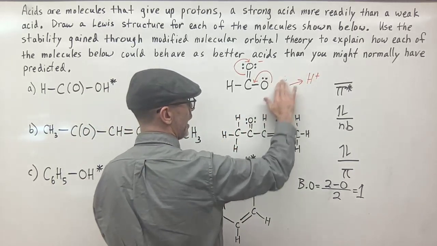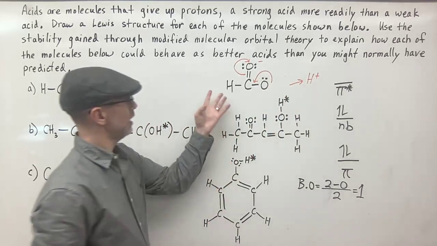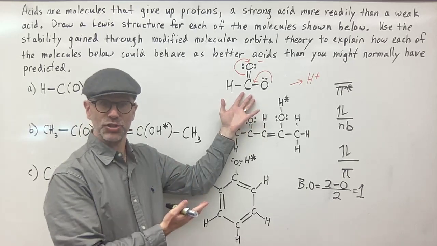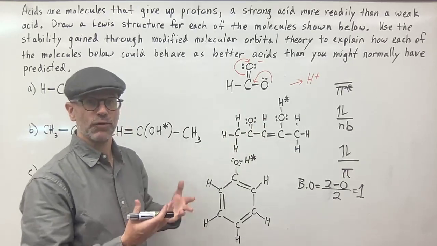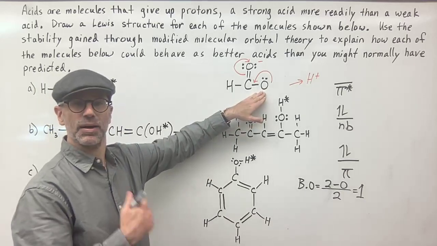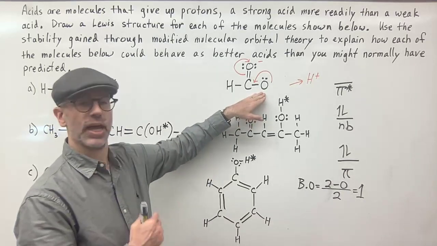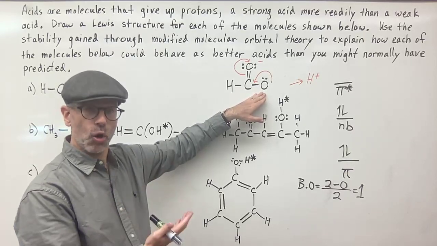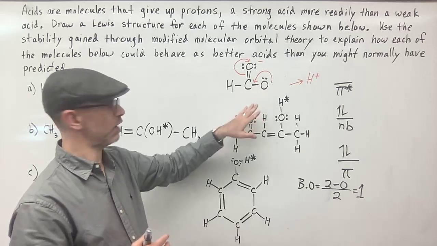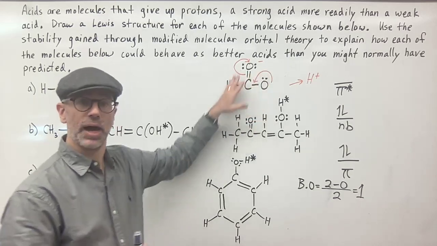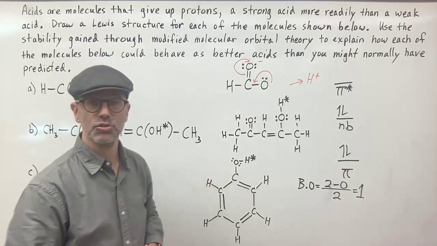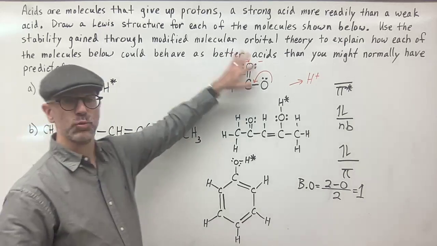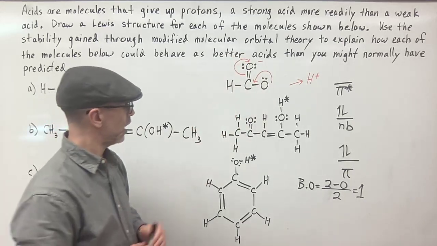So if I get rid of the hydrogen here, the leftover anion is more stable without the hydrogen than you would expect, therefore making this a stronger acid. It more easily gives up the proton than you would normally think because of the delocalization of the pi bond electrons due to molecular orbital theory, or as explained by molecular orbital theory, and as we can understand from resonance.